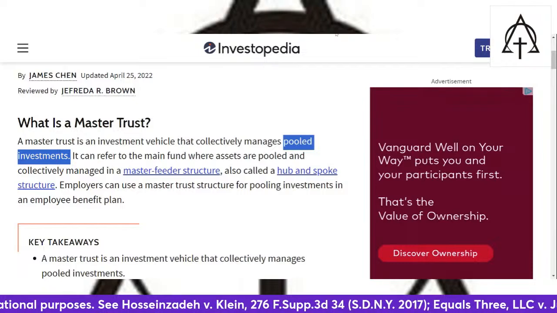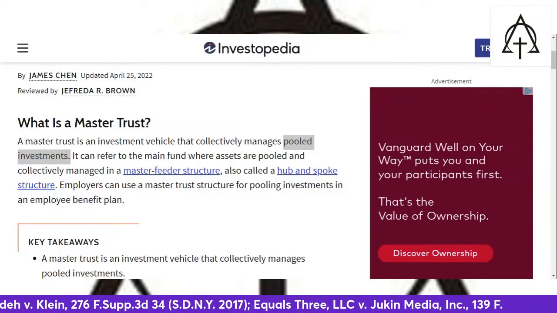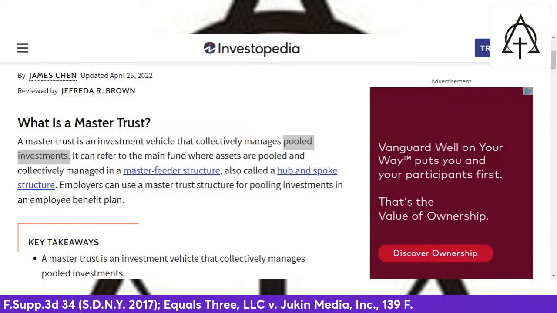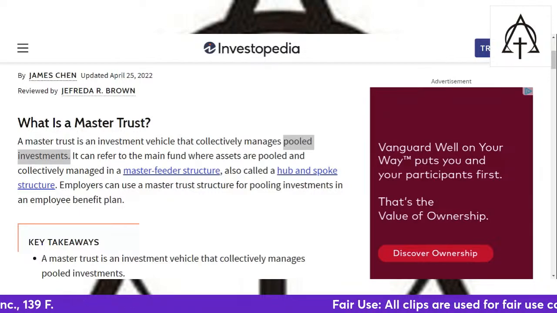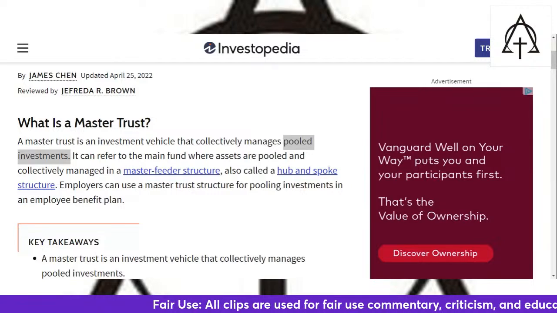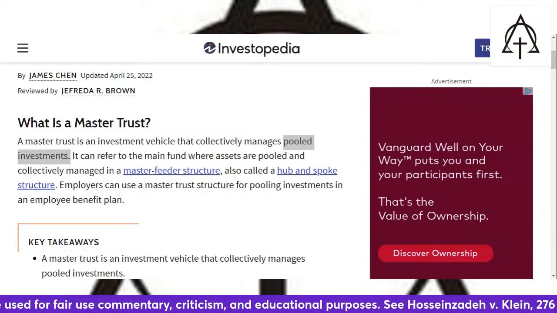Remember, that's what we've been talking about here lately. They take a certain number of investments and pool them together and invest them in their own name, because it's not feasible to take hundreds and hundreds and maybe thousands of the smaller investments and literally name them individually.